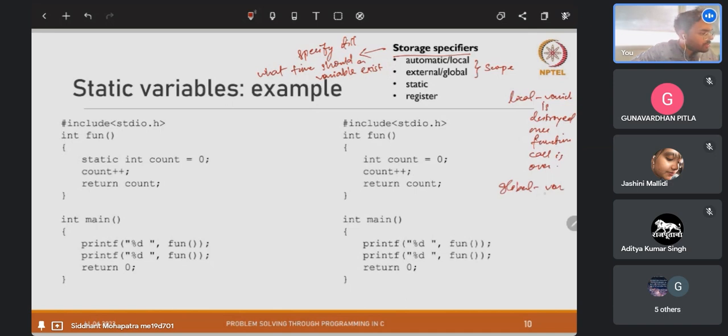The variable stays until the entire code finishes running. So the variable is destroyed at the end of code execution.